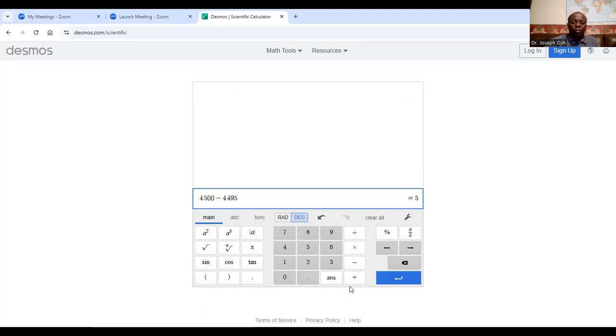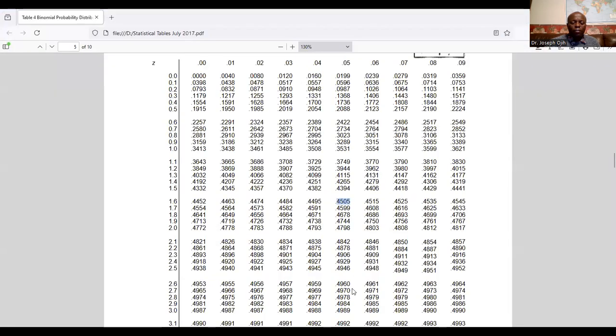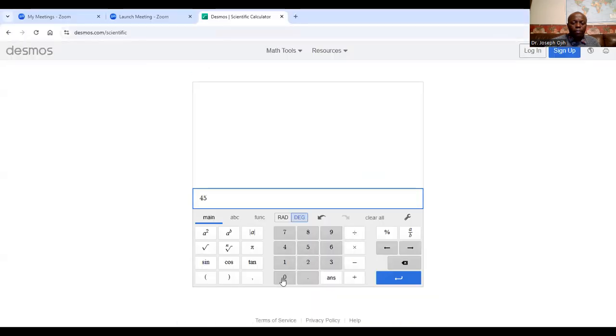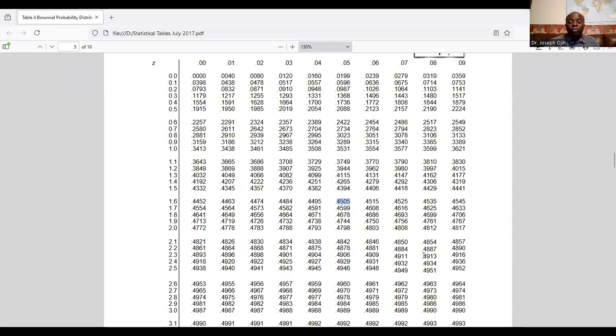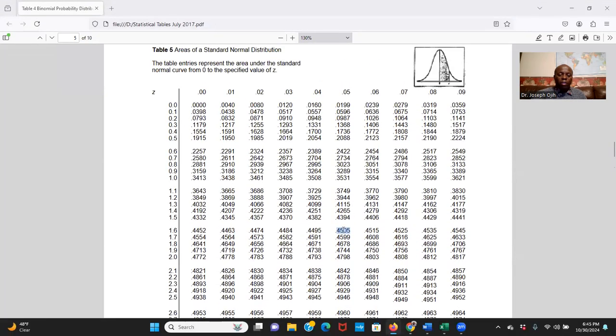The other number is 4505, and 4505 minus 4500 is 5 points. So they are equally close. When they are equally close to the number, you choose the larger of the two numbers, which is this one here.